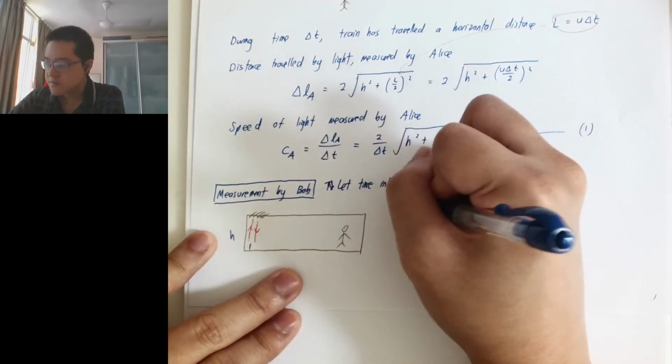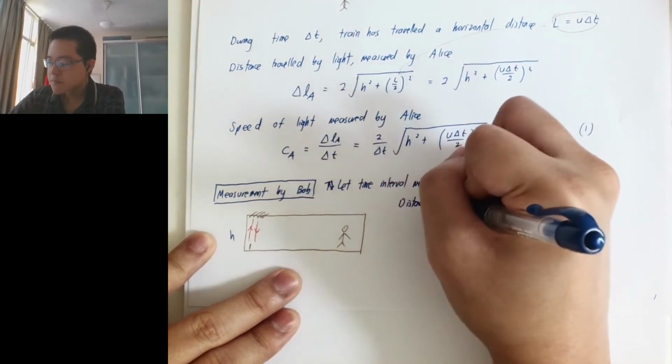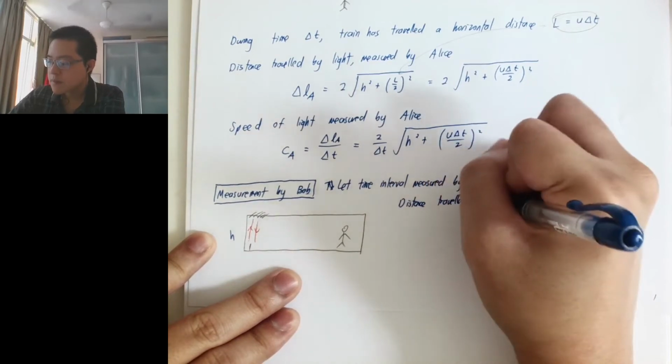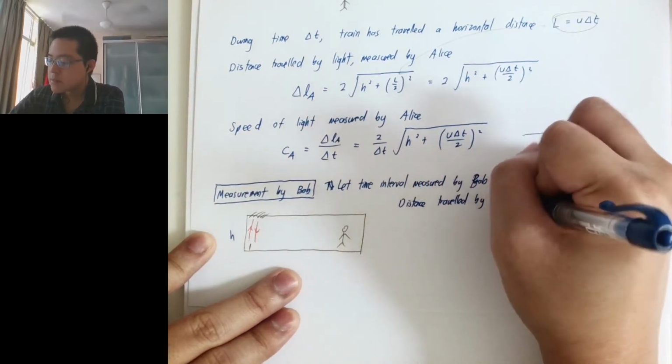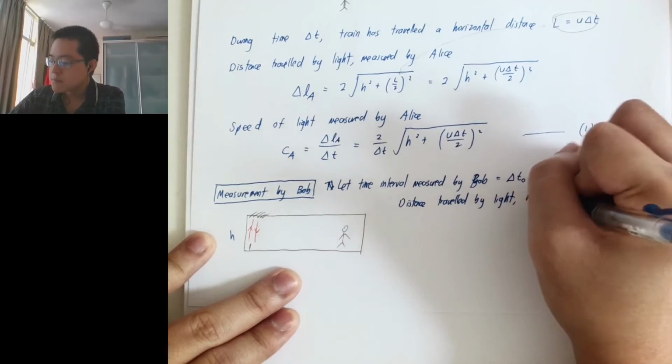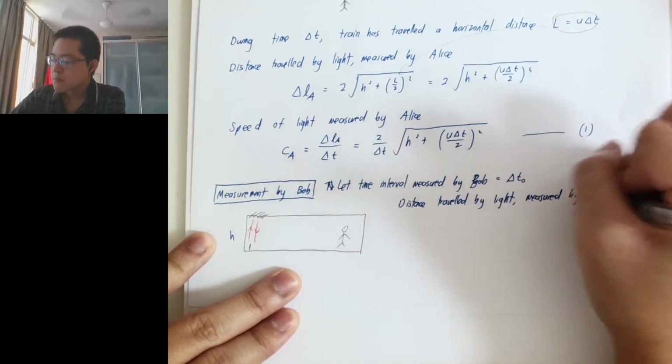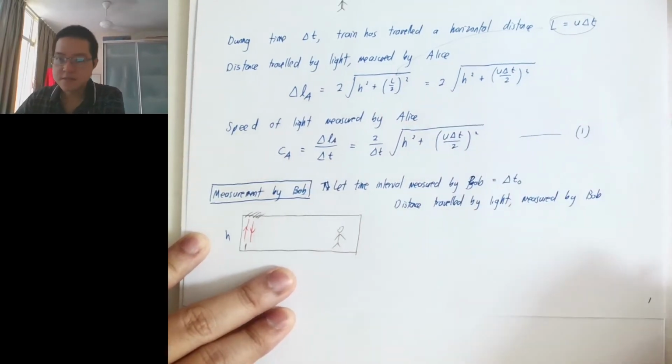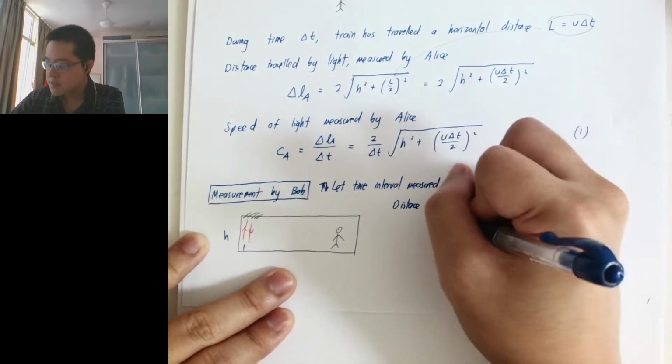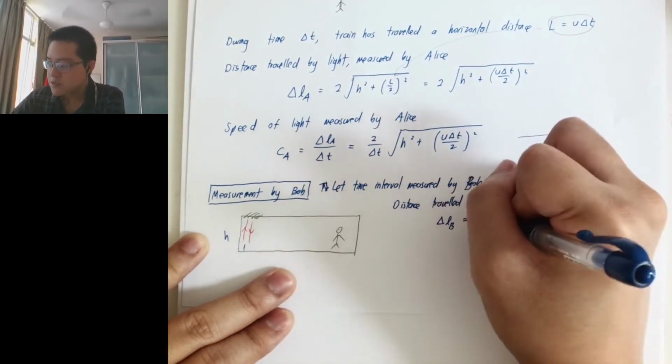So the distance traveled by light measured by Bob, delta L measured by Bob, is just 2h.